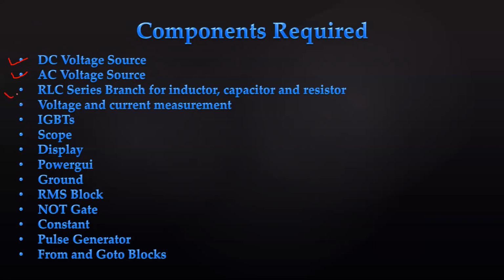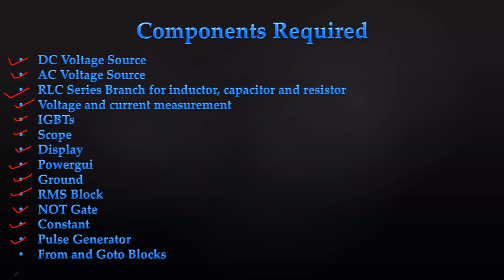An RLC series branch, voltage and current measurements, IGBTs, which are the semiconductor switches that we will need, a scope to see our waveforms, a display to see the numbers, the powergui, which is the most important block in MATLAB, ground, one RMS block, a NOT gate, a constant, and a pulse generator.